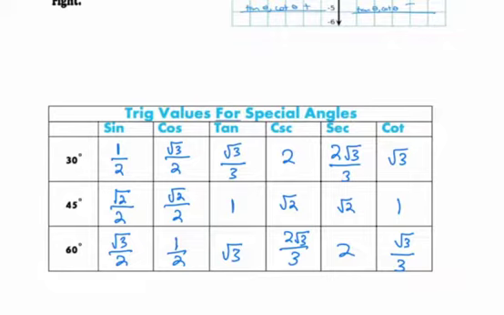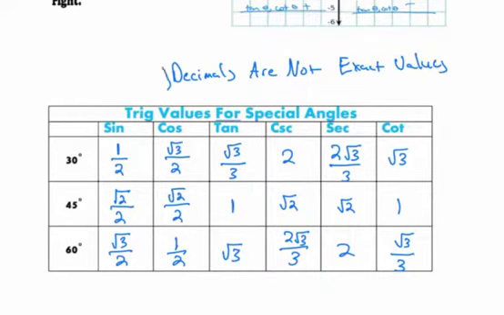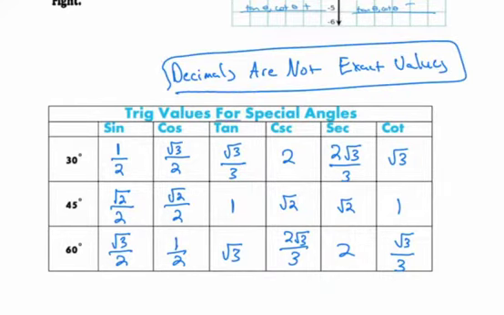Please note, you can obviously type these things into a calculator, and that's going to give you a decimal. Remember that decimals are not exact values. They're actually rounded. So with this table, you'll be able to answer with exact values.